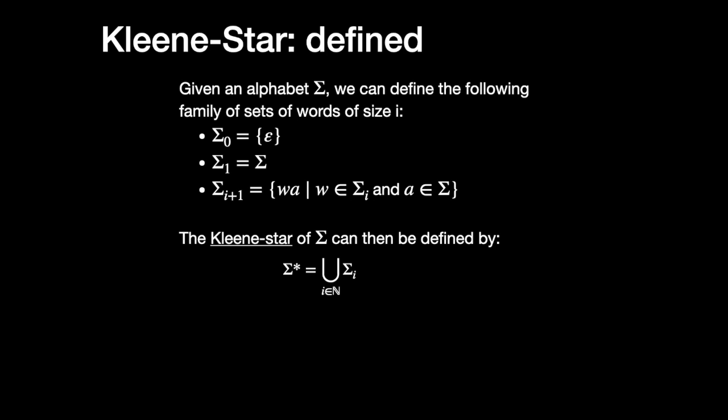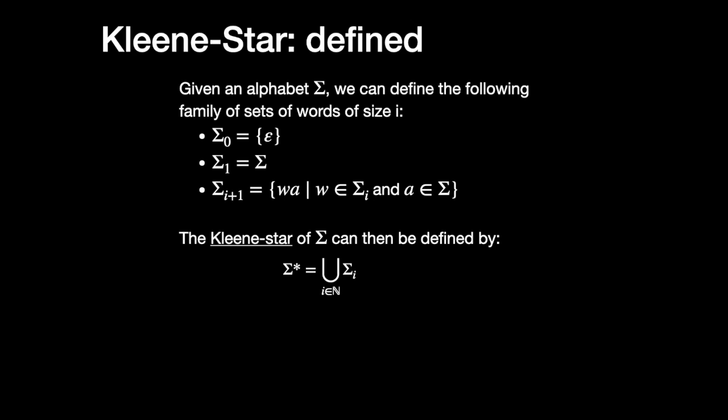And sigma 1 contains the alphabet symbols, because those are the only words with length 1. Then we build the larger sets by grabbing words from the previous set and sticking each alphabet symbol to them. Then we can define the Kleene star as just the union of all these sets. That is, it's the set of every word of every size.